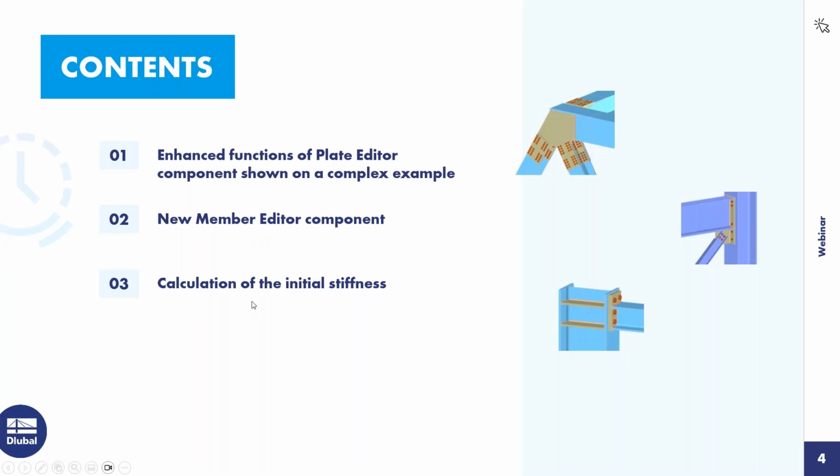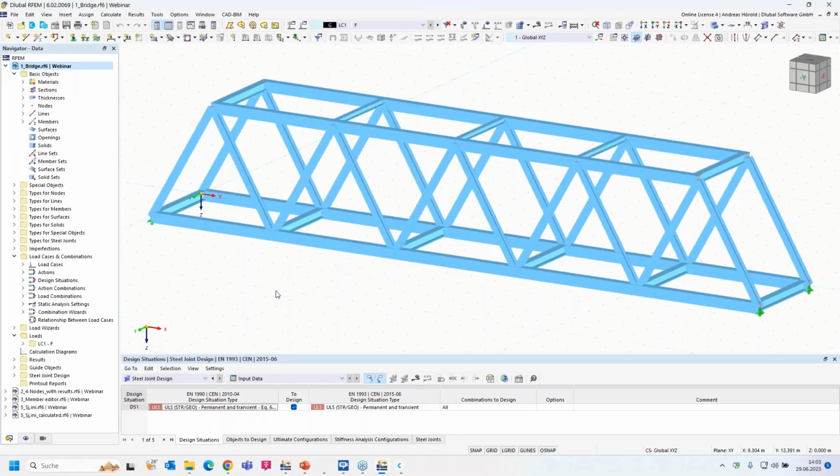And then I introduce the new feature, the initial stiffness, that's now possible to calculate in RFEM 6, in the add-on steel joints. Okay, then I turn to RFEM 6.